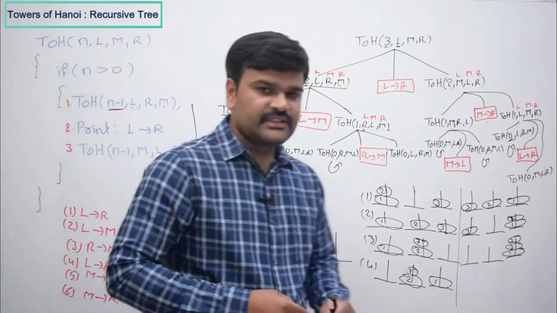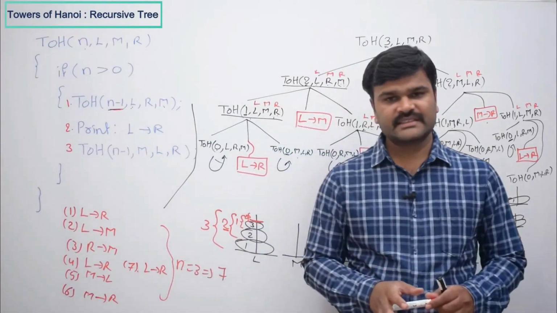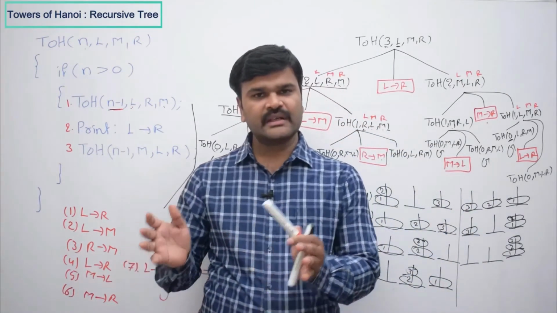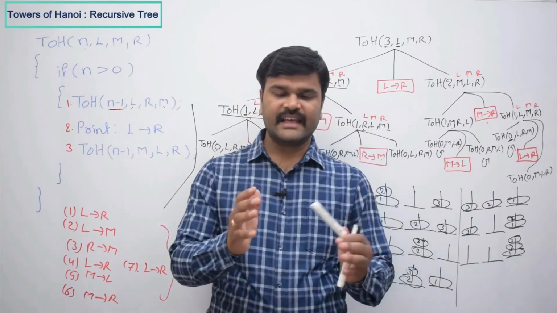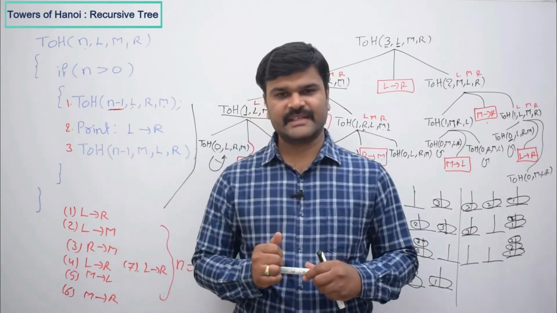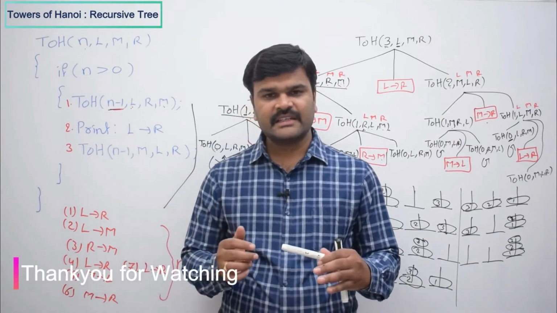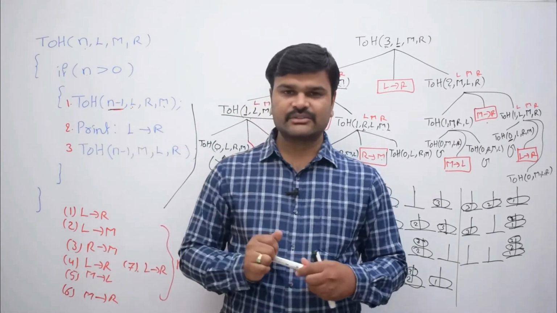Okay, so with these 7 movements you can shift these n disks from L to R by using the helping tower middle. Okay, so in this way we are going to construct the recursive tree for this recursive code.